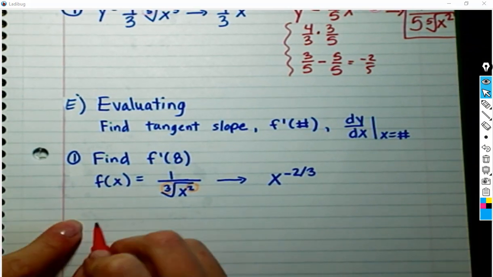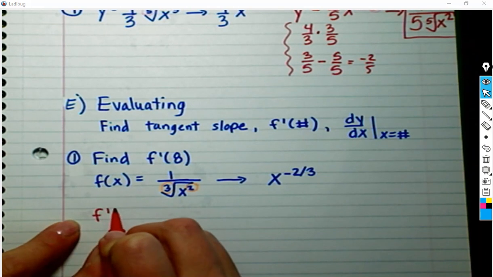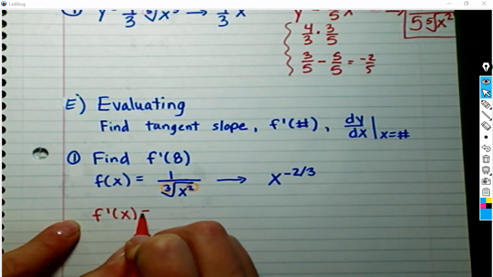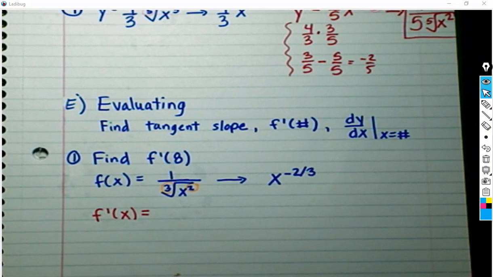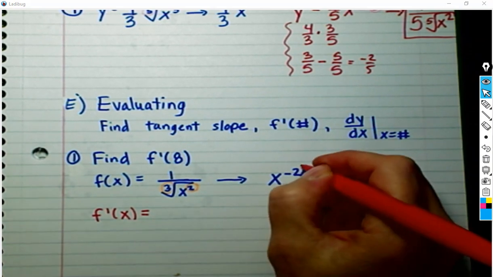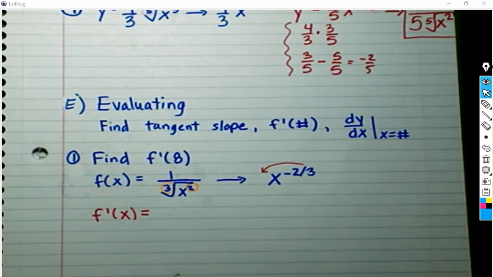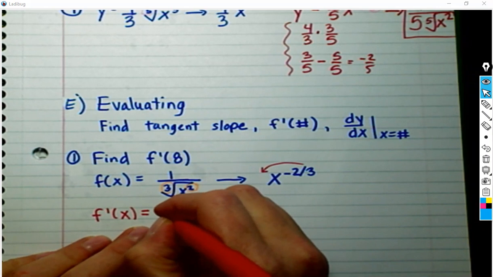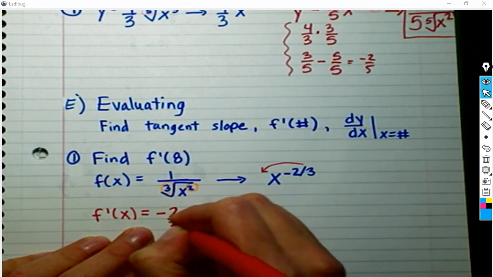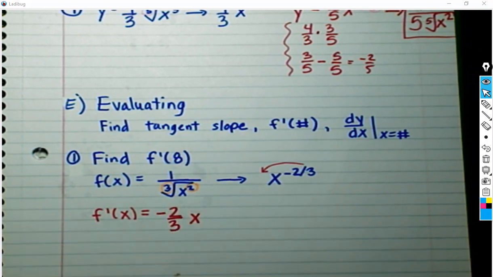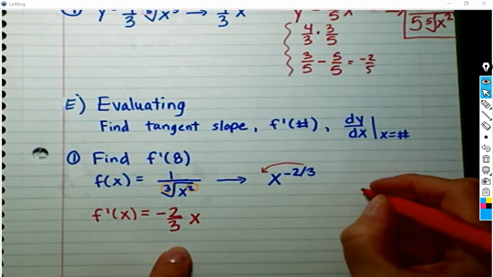Okay, so the second step is going to be to actually find the derivative. Okay, so the derivative is where you multiply the power and then subtract 1. So minus 2/3 x subtract 1.